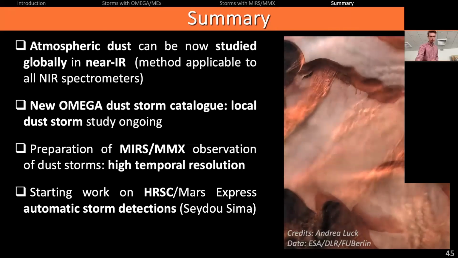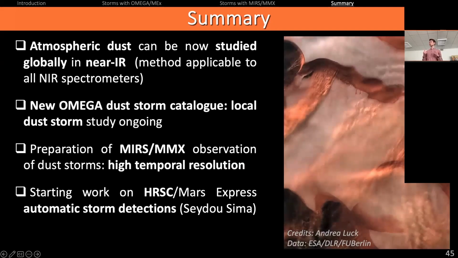So as a summary, but this is not the last slide, a first summary of this presentation about dust storms. Firstly, we have strong statistics about regional dust storms, but not the local dust storms, and we do not really know how the dust storms grow from local to regional dust storms.